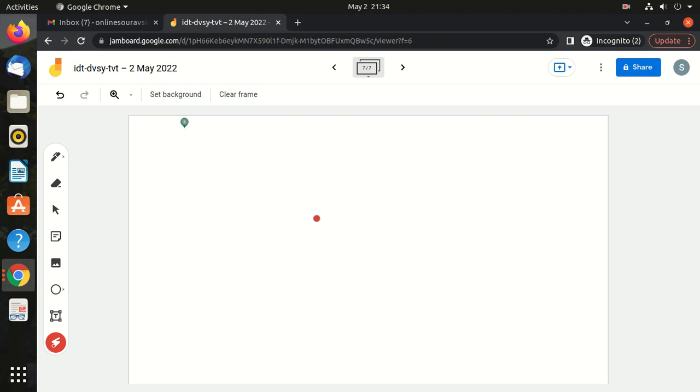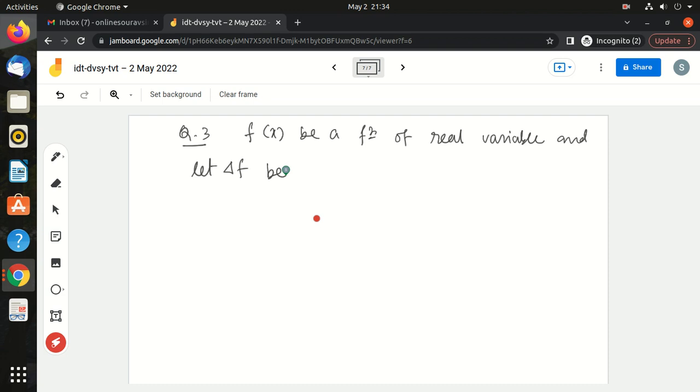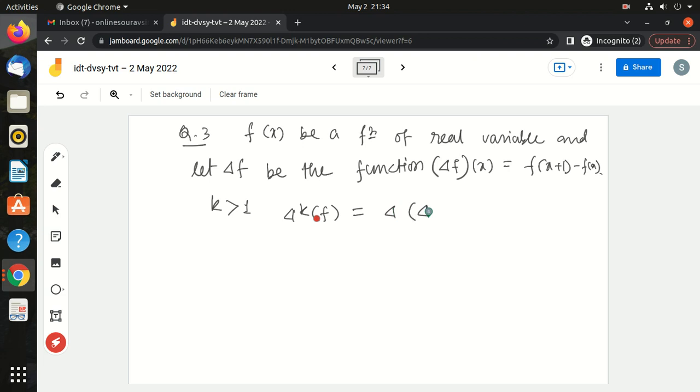Question 3 says: let f(x) be a function of a real variable, and let delta f be the function defined by delta f of x equals f(x+1) minus f(x). Now for k greater than 1, delta k f is defined recursively as this.